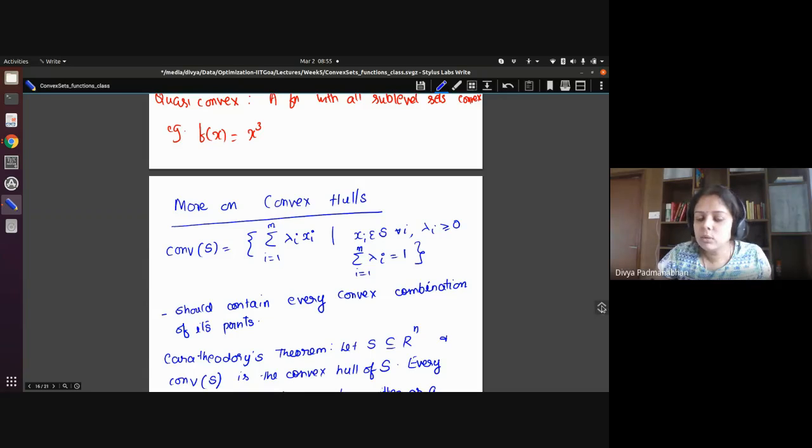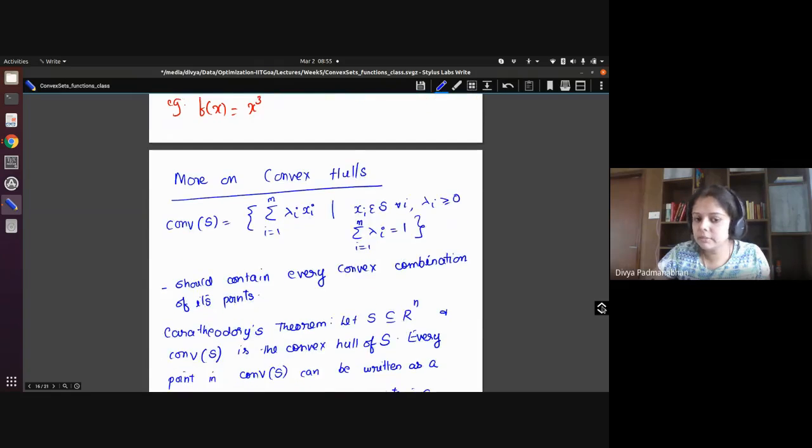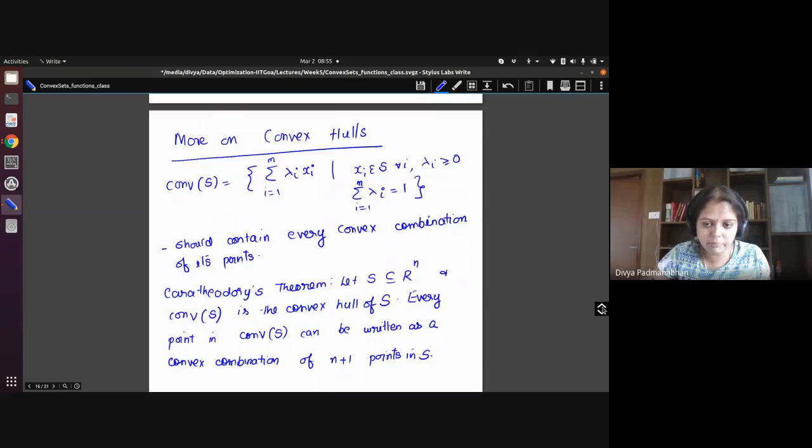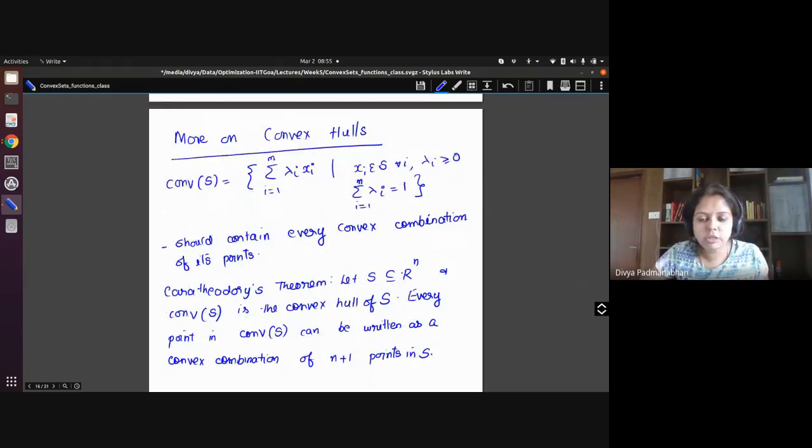So now, a very important theorem is Caratheodory's theorem, which says that if you take any set and you look at its convex hull, and then any point you take in this convex hull, of course, you should be able to write it as a convex combination of many points.